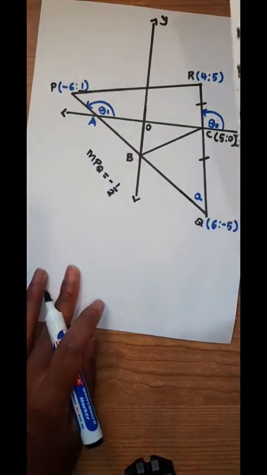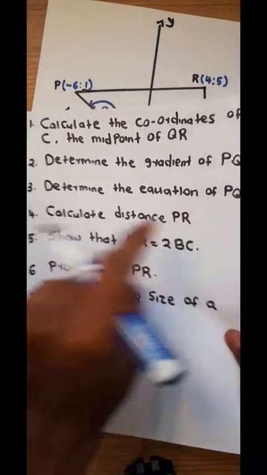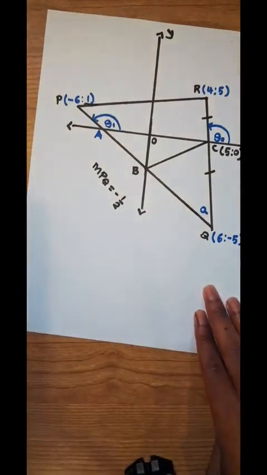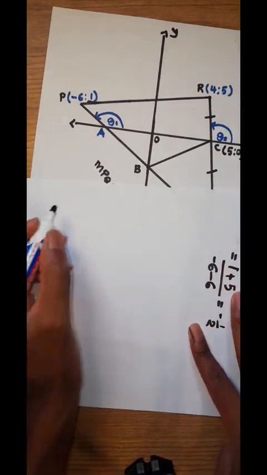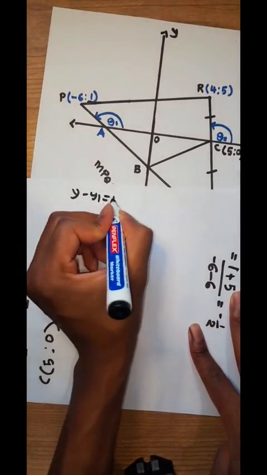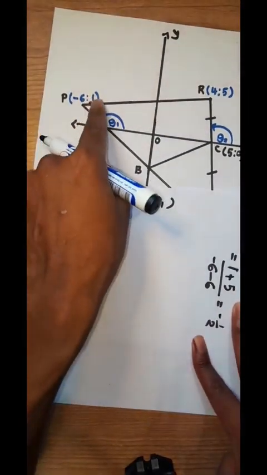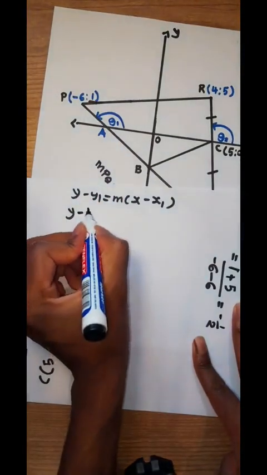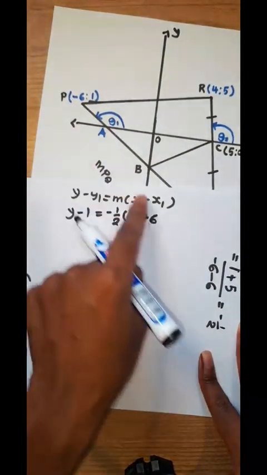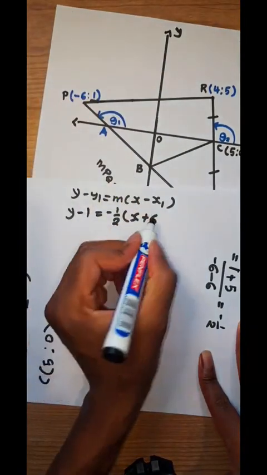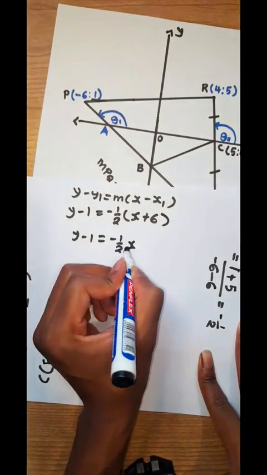Now, what does the next question require us to find? They say, determine the equation of PQ. Let me show you a wonderful way of determining the equation of PQ. You're going to use this equation: y minus y1 equals m times (x minus x1). Let's use this 1 as my y1, and m is the gradient we just calculated, minus a half, and x1 is minus 6. So we have y minus 1 equals minus 1 over 2 times (x plus 6), which is minus 1 over 2 x minus 3.